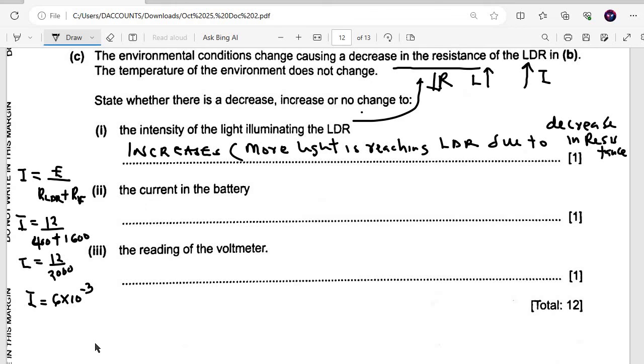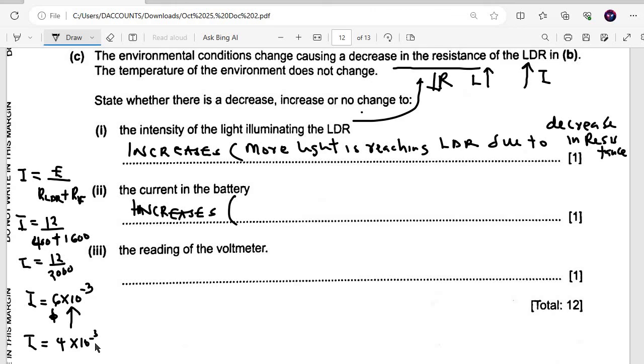Compared to 4 times 10 to the power of minus 3, it increases. So as the resistance of the LDR decreases, the current also increases. You can see, current increases. Let me put the reason.